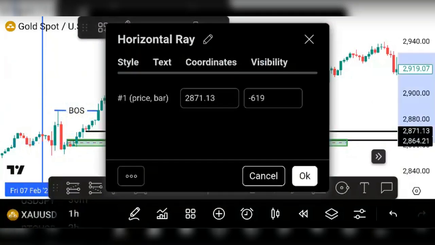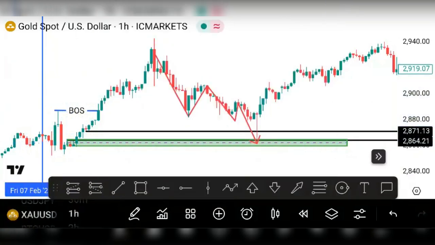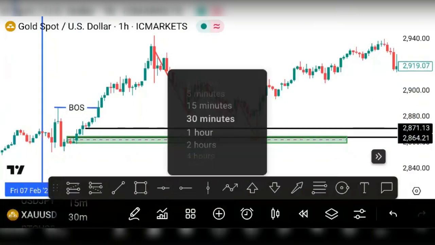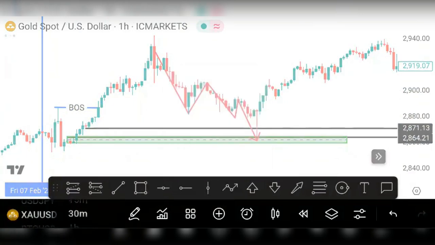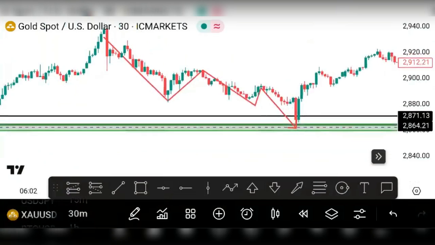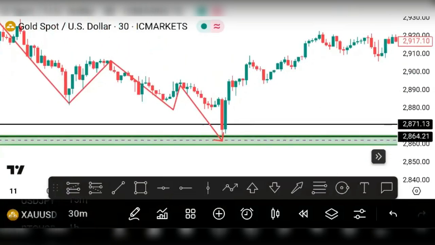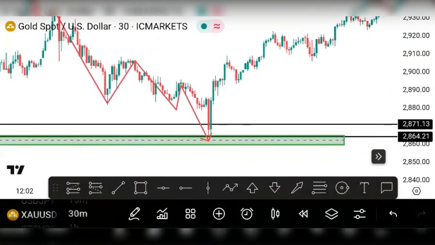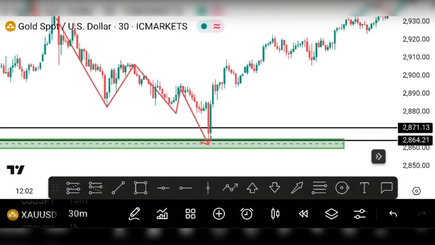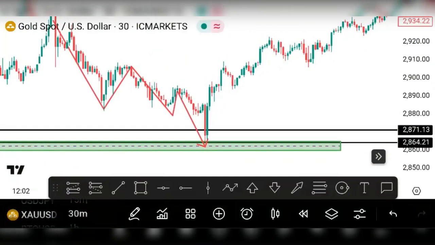If price taps into my demand zone, I then go to my 30 minutes, which is my entry time frame. Then look for a change of character for the price. Since our trend is an uptrend, is bullish, then we have to see that the market has already changed character to a bullish trend.